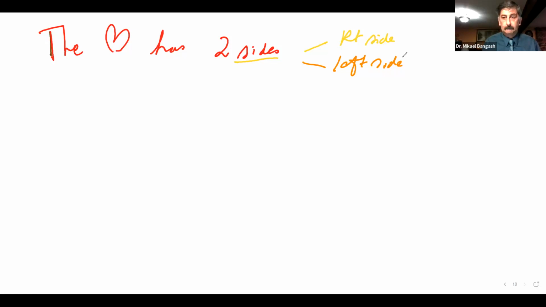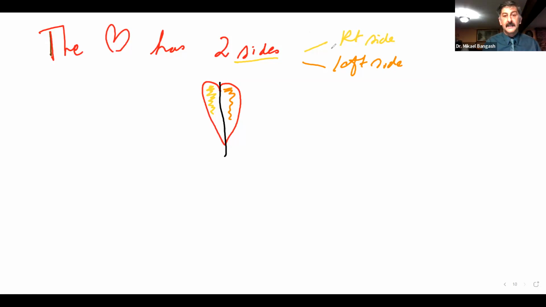Is that clear? Okay, so if this was the heart, there's one way that they divide it and say we divide the heart like this. And we say this will be the right side. This will be the left side. So you may come across somebody saying right-sided heart, left-sided heart.